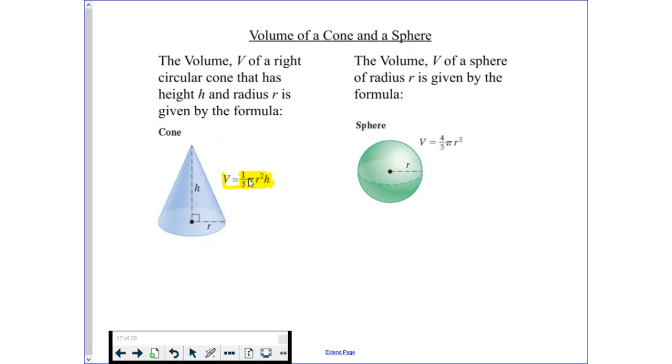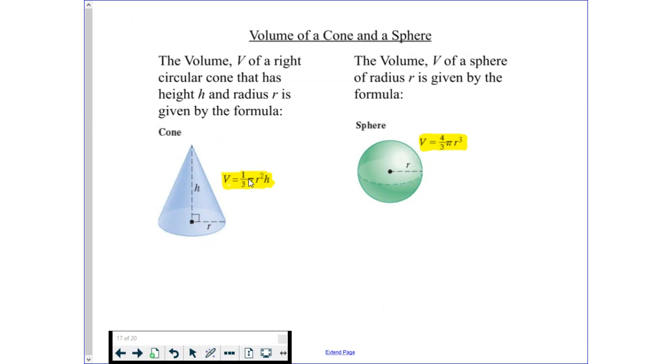So write down the formulas and the geometric figures. And also the volume of a sphere, spheres are circular objects, is 4/3 pi r cubed. For example, different balls, basketball, volleyball, different balls have different radii, and we can use this formula to find the volume.